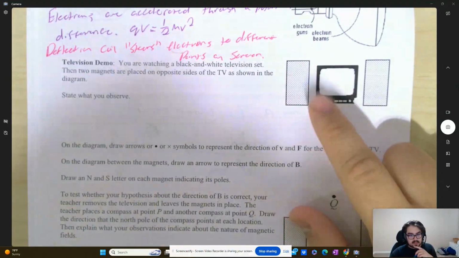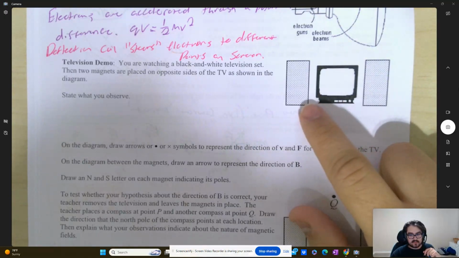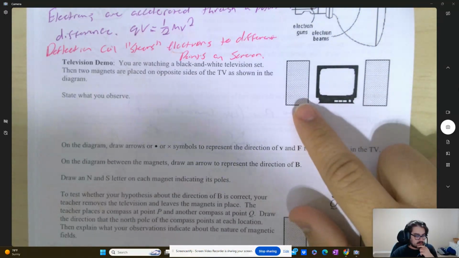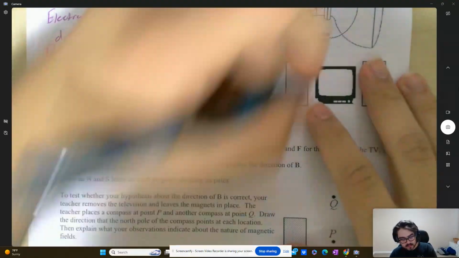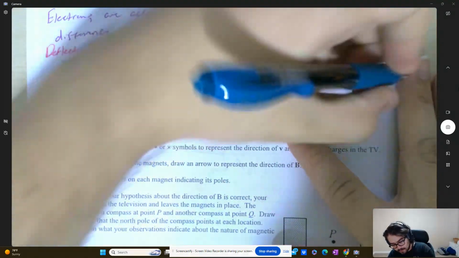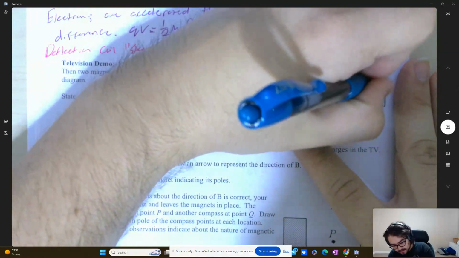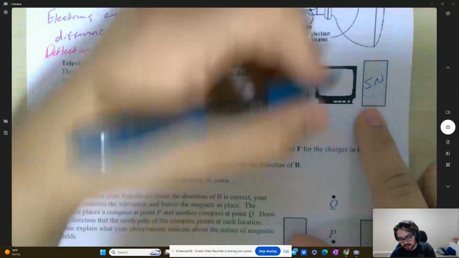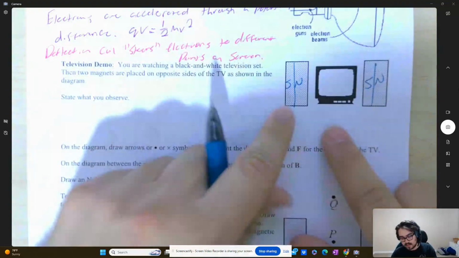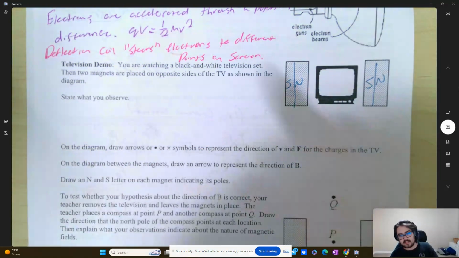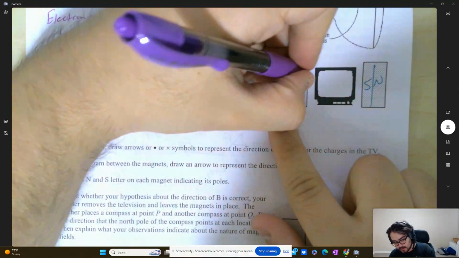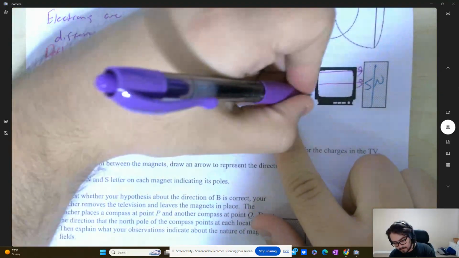Then this example right here, I haven't really been able to find a good video for this, but this is kind of an example here where you have a television set, and if you bring these two magnets on opposite sides, let's say that they have the South Pole and the North Pole, okay, and they're both oriented the same way, so these are like vertical magnets, okay, like you get that point, right? Okay. What happens is you would see that the magnetic field lines, right, they would go from the north to the south, okay?